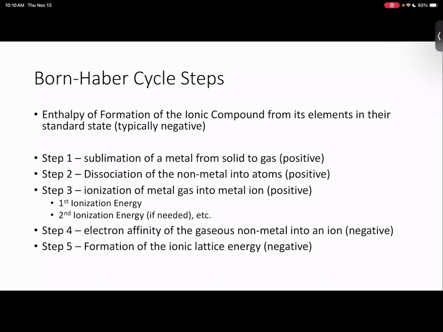The third step is going to be to take that gaseous metal and convert it to an ion using the ionization energy. And ionization energies are always positive because you have to add energy to rip off an electron.